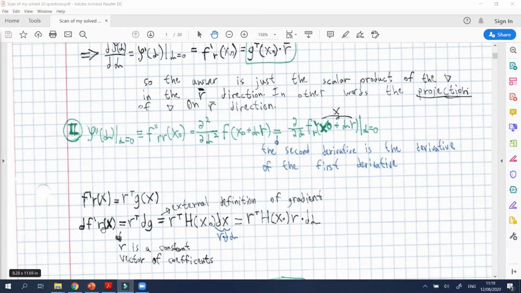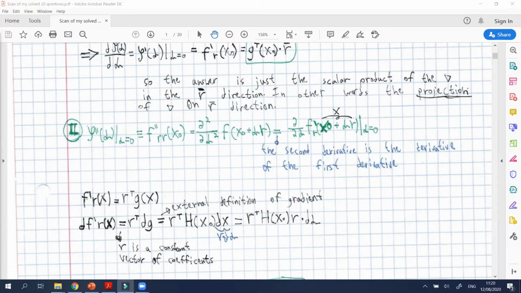And then what we do is, by the external definition of the gradient, we need the differential of this, and the differential of r transpose gradient is just r transpose times the differential of the gradient, just a small movement in the gradient. And by the external definition of the gradient, we just get the Hessian times dx, a small movement in x.